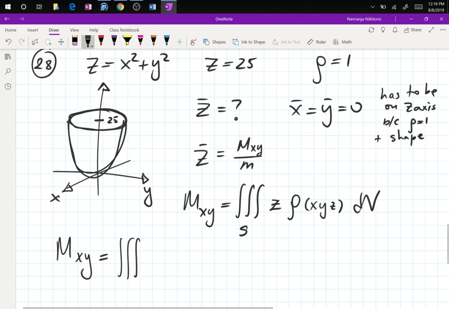Now, the shape of the problem is going into the limits. And what I have is a z-axis going... Oh, I get to decide which coordinates I'm going to use. I have rectangular, cylindrical, and spherical. Which coordinates do I get to use easily here?